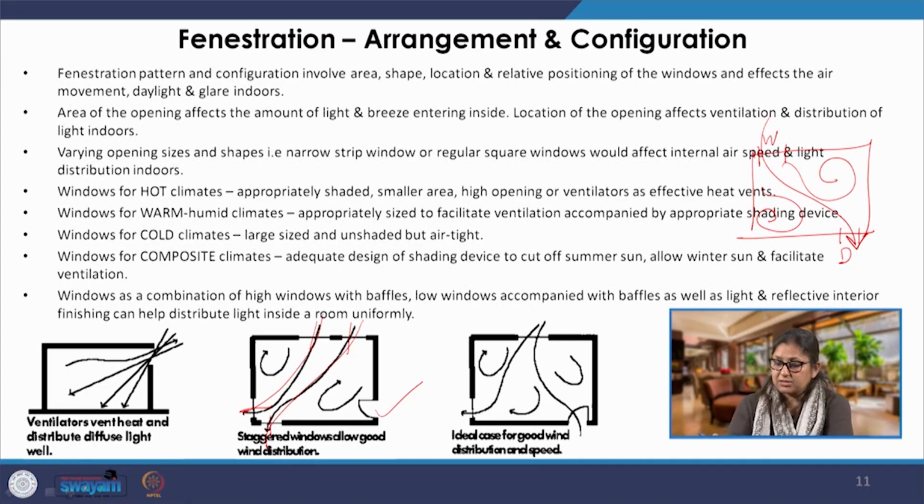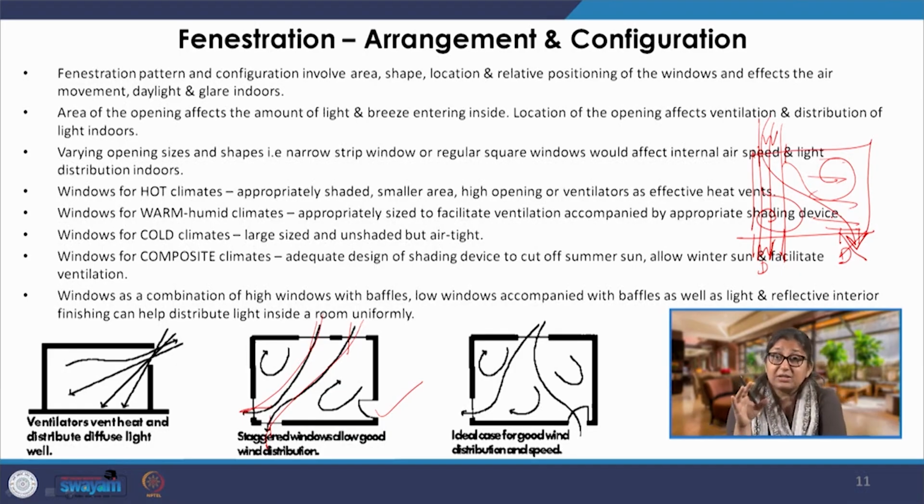In case there are windows or a window and door on opposite sides, there will be direct cross ventilation only in this part of the room, and this part of the room will be devoid of any natural ventilation.